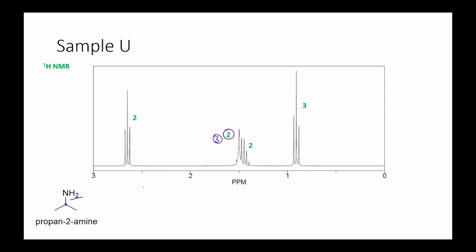That wouldn't change. But then we would have only 1 proton attached to the carbon attached to the amine, so we would expect this to integrate for 1. And it would be surrounded by 2 CH3 groups that are in the same environment. So it would be split by 6 protons, and we would expect it to be a septet.